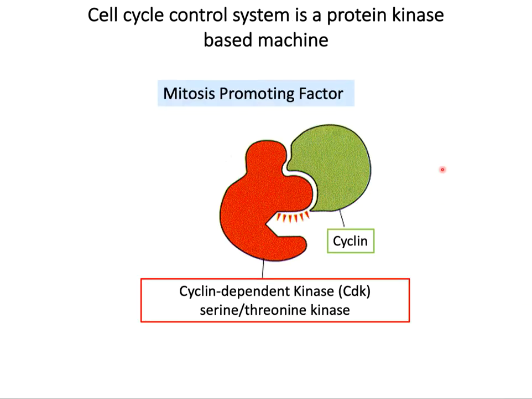As it turns out, MPF is a dimer made up of a protein known as cyclin and another protein, a kinase called cyclin-dependent kinase, or CDK. And CDK is a serine and threonine kinase, which means it phosphorylates the serine residues and the threonine residues on other proteins.